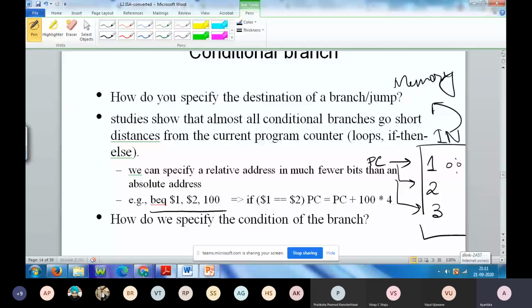Similarly, you have typical instructions for jump, that is branch if equal. Whenever your hardware gets the opcode related to BEQ, branch if equal, it checks whether the two values in register 1 and register 2 are equal or not. If they are equal, it jumps as per the specification to this location.